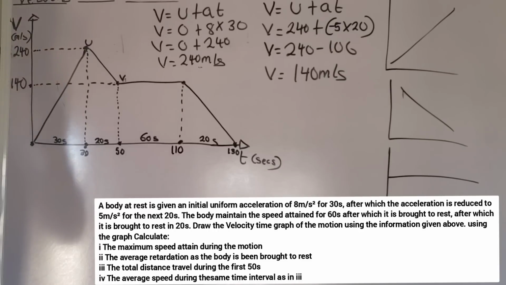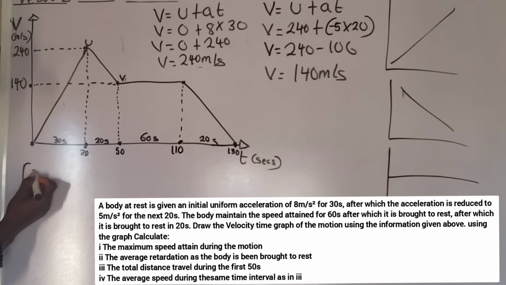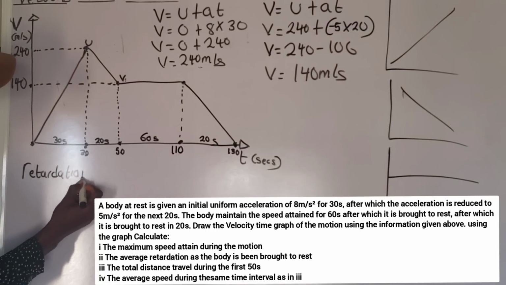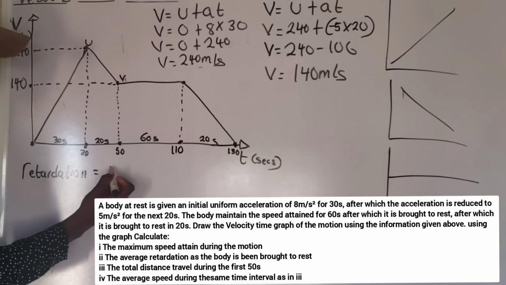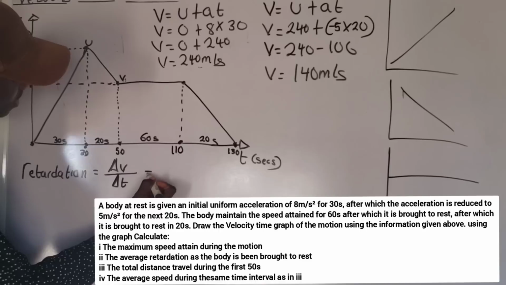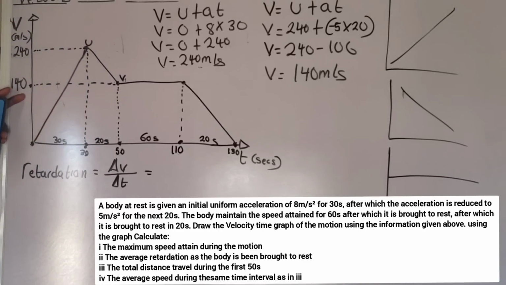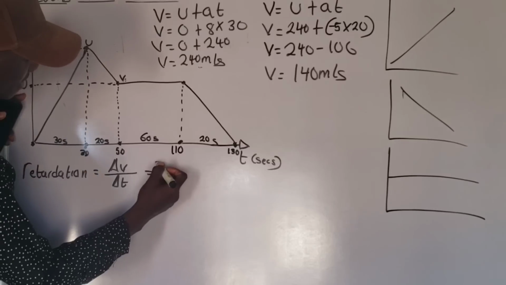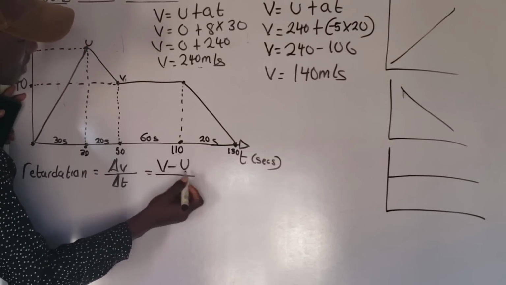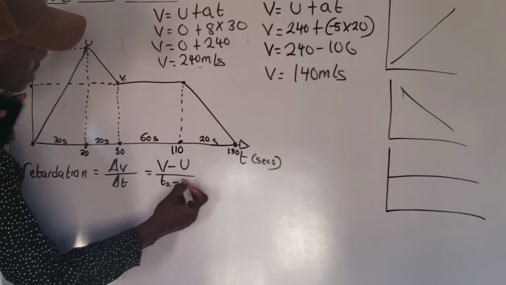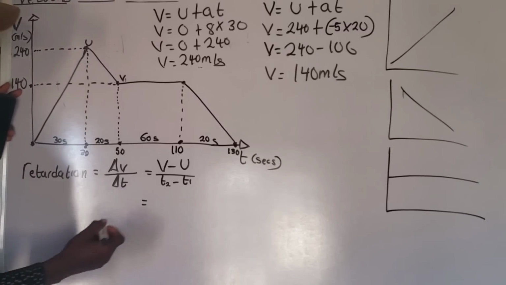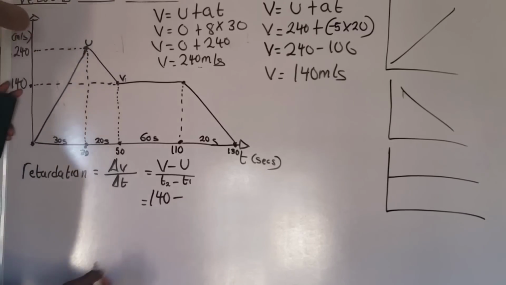Okay? So, retardation as the body is being brought to rest is equal to change in velocity over change in time, which will be equal to final velocity minus initial velocity, v minus u, over t2 minus t1. So for this, I'm going to have v minus u: 140 minus 0. u is 0.